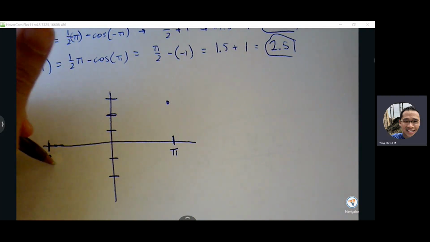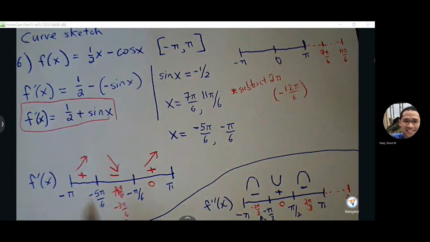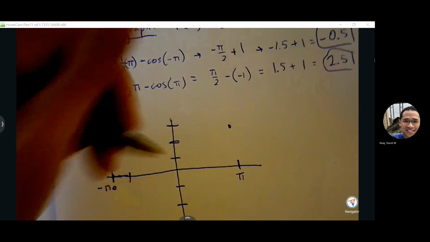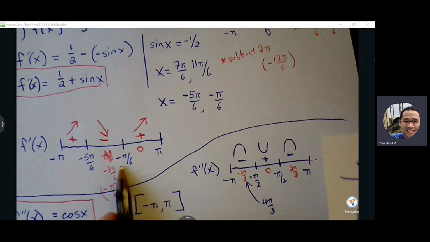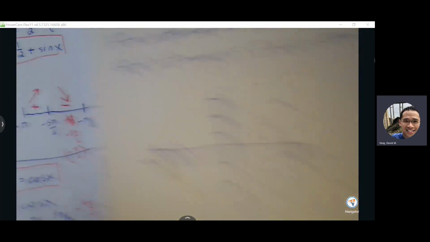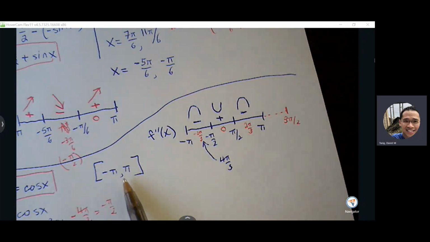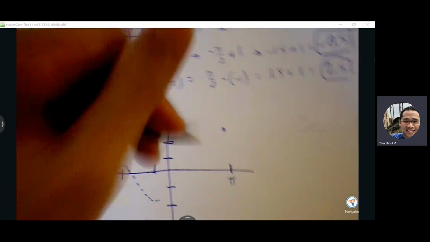Okay, so we know it's going to be increasing first to negative 5 pi over 6, decreasing to some y value at negative pi over 6, and it's going to increase the rest of the way up to pi, up to whatever we found this point is, 2.5.